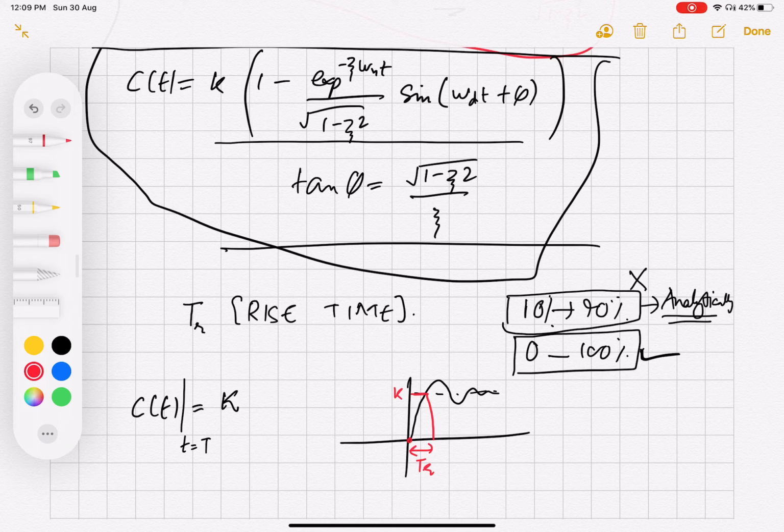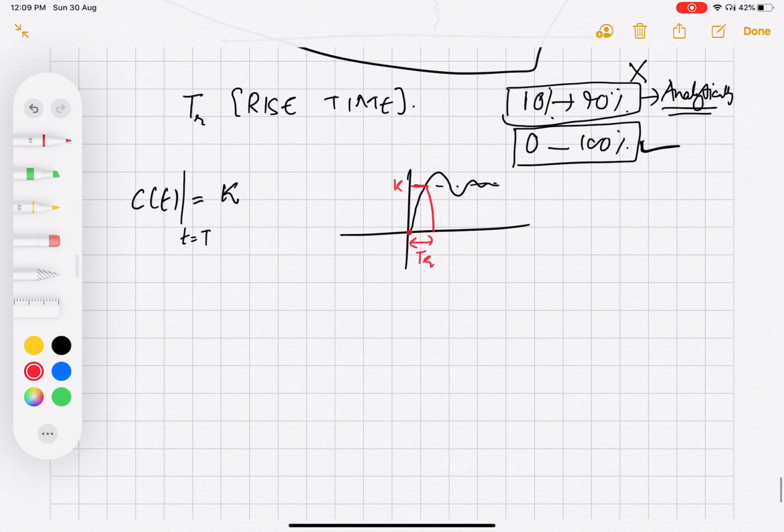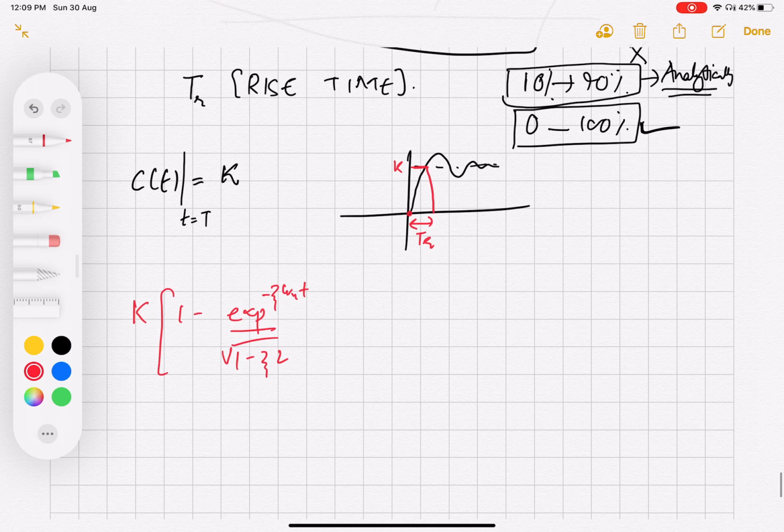So this term will be equal to K for the first time when this thing inside becomes 0, right? Because when you equate C(t) equal to K, this is possible. Okay, let us do it. So we have K times 1 minus exponential minus zeta omega nt divided by under root of 1 minus zeta square, and inside we have sine omega dt plus phi.